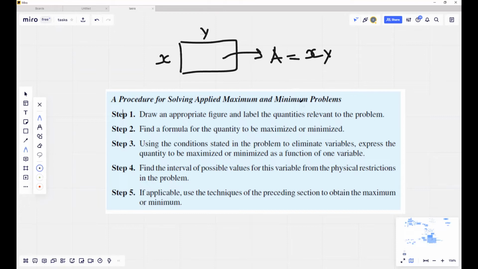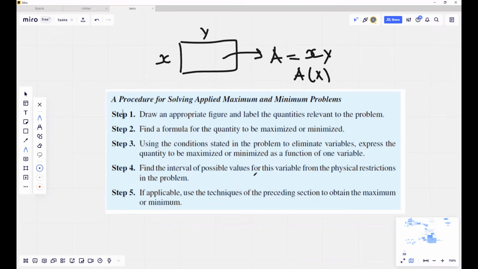So we said that we don't know how to work with functions of several variables yet, so we need to use constraints. Our constraint was that perimeter was equal to 100, and we used that constraint to express A as a function of a single variable, let's say x or y.